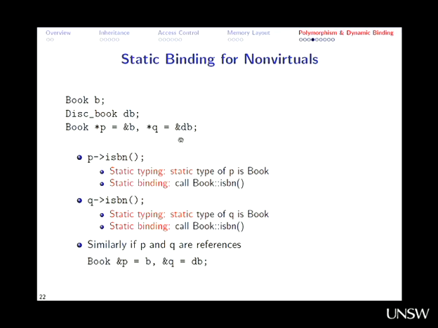Because the ISBN function is not virtual, static binding calls book ISBN. The same applies if these are references, the same resolution happens. This is the easy one.